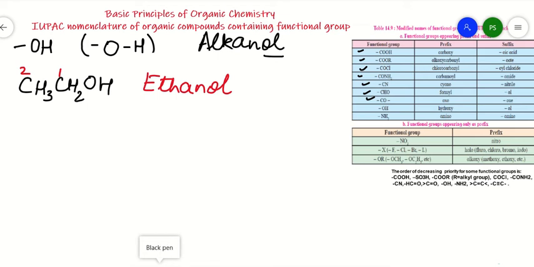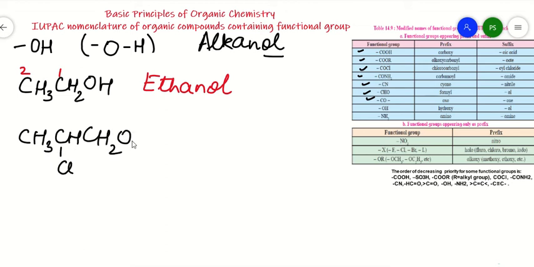Like one more example, let's take CH3, CH, Cl, CH2, OH. Let's write the name. This is 1, this is 2, this is 3. So the name would have chloro on the second position.